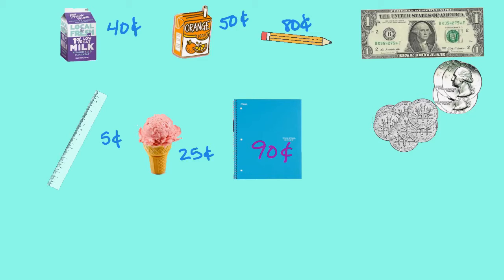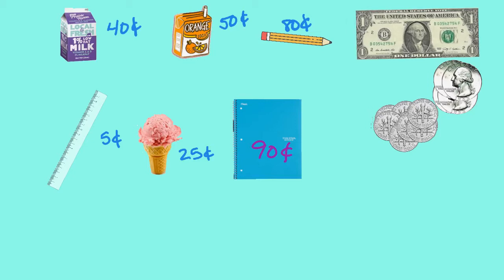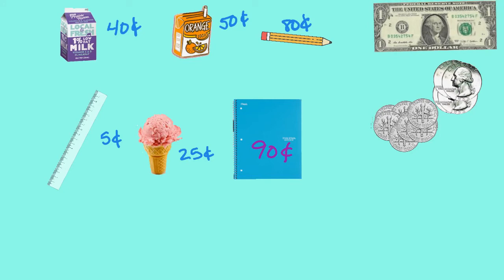Okay, so we've got the milk carton that costs 40 cents. And again, I have $1 to pay for my milk. So in order to find out how much change, to count back the change, we start at the 40 cents number, right?